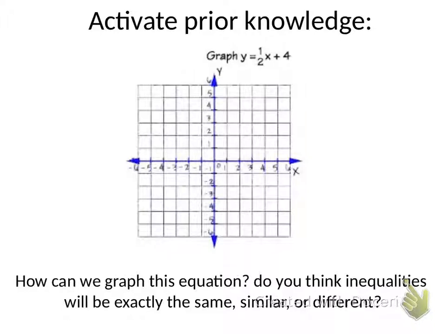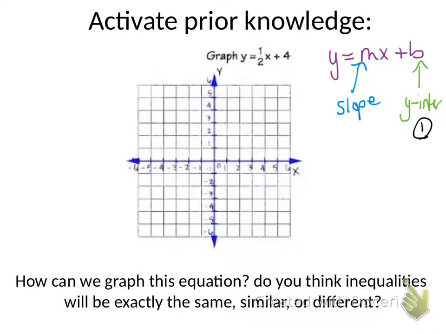If you recall, we used the formula y equals mx plus b, and remember b is the y-intercept and m is the slope. You're always going to want to start first with the y-intercept and then rise and run the slope. So when you look at this equation here, we can see that our y-intercept is a positive 4.